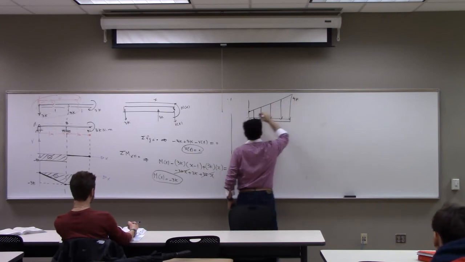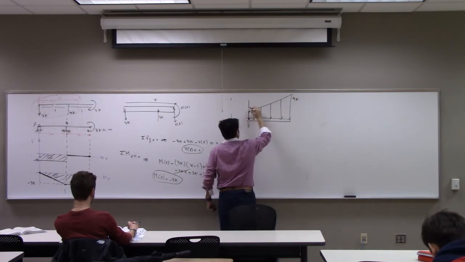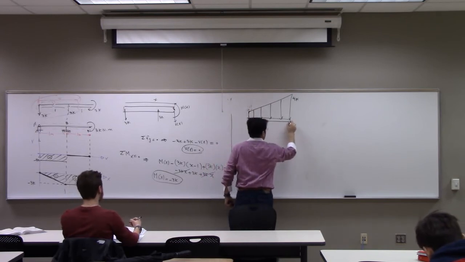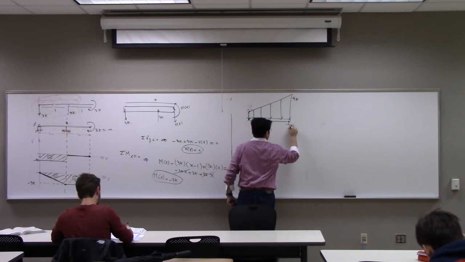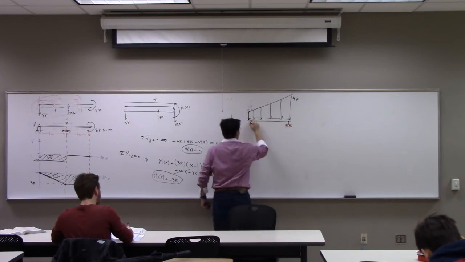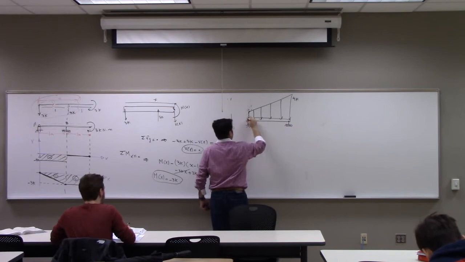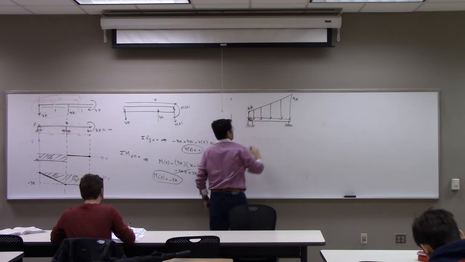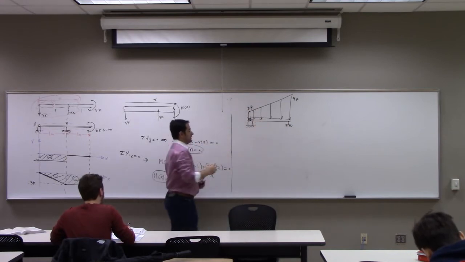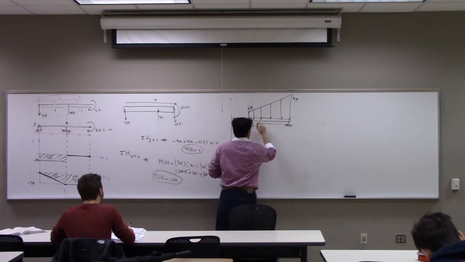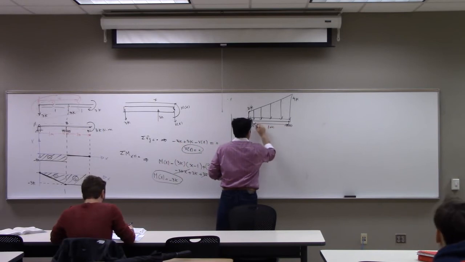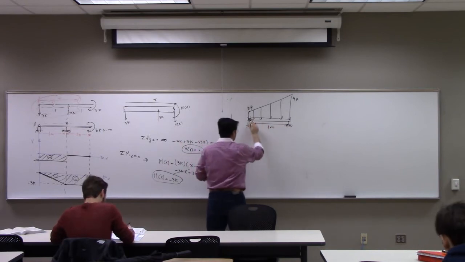Okay. 4 kilonewton, 2 kilonewton, and this length is 1 meter. The question is to find the shear and moment diagrams.